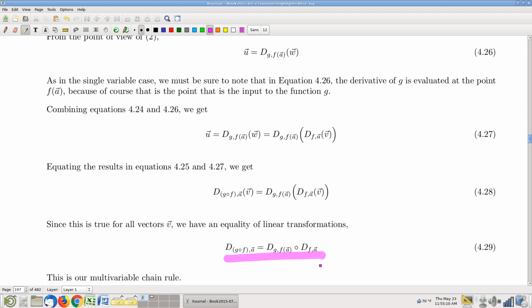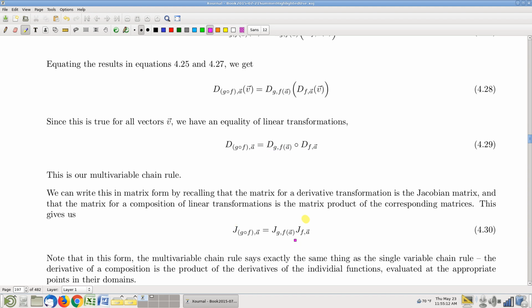Now, don't forget that we represent linear transformations with matrices. Right, so I'd like to rewrite each one of these linear transformations as a Jacobian matrix. Further, don't forget that composition of transformations corresponds to products of matrices. That was our motivation for matrix multiplication in the first place, that it should correspond to compositions. And so we recover a really nice result, computationally very handy.